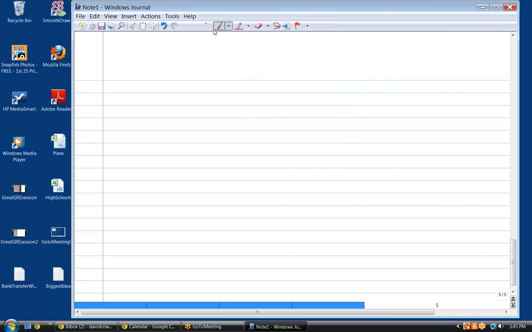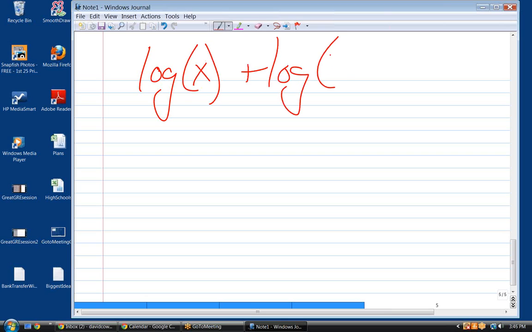Okay. Do you have any log equations? We should try to solve some log equations because there are some unique aspects you need to be aware of. Like what? Something like log of x plus log of x minus 1 equals 2. That would be a log equation. How would I solve this?